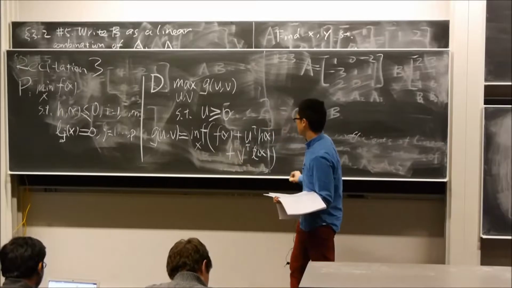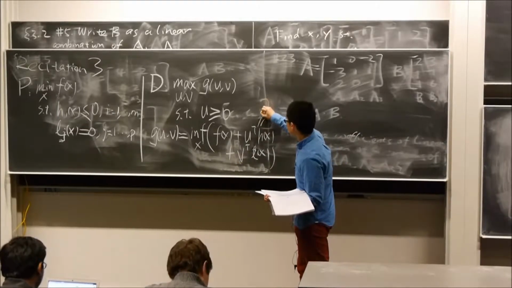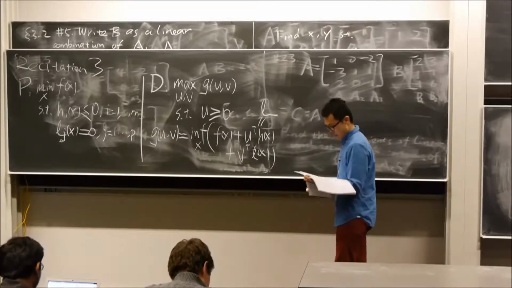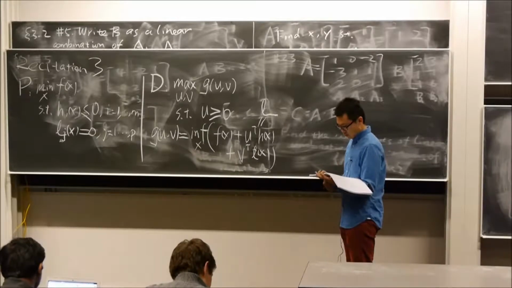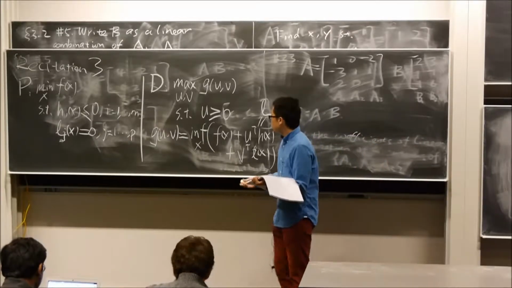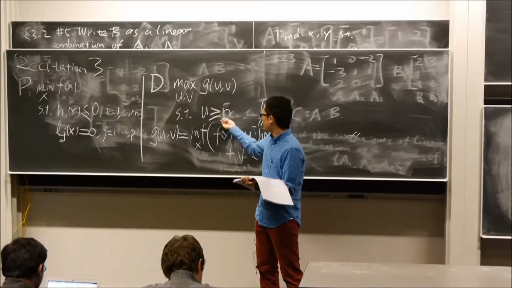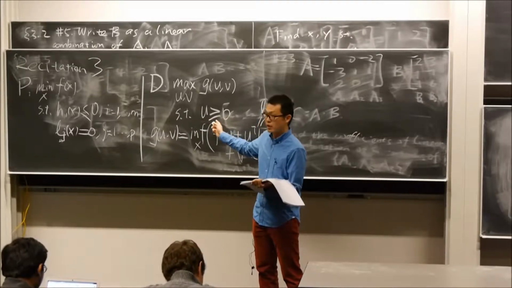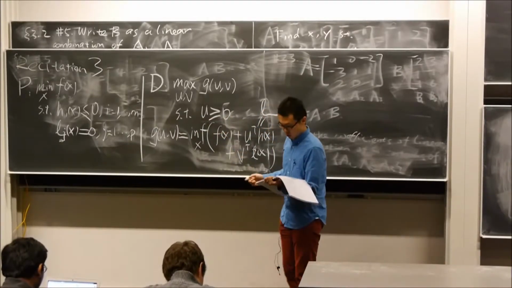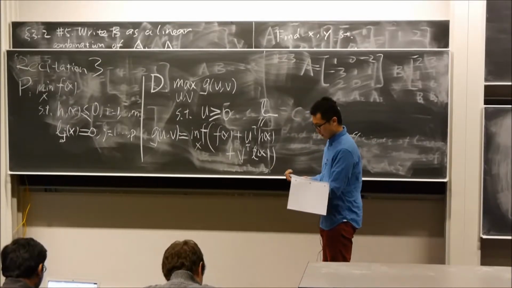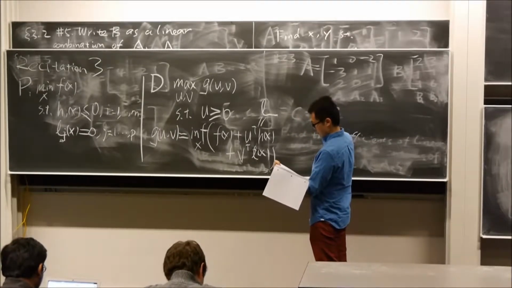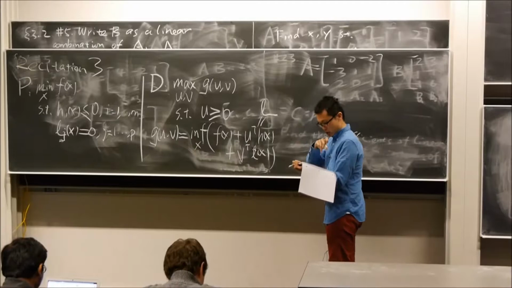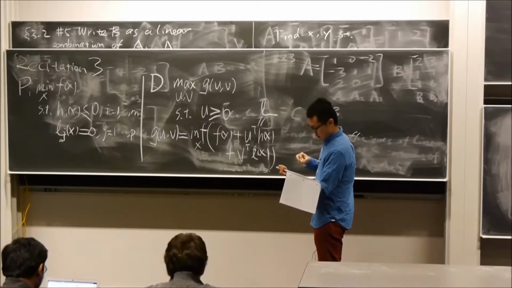This is the so-called Lagrangian. The reason why we have the constraint u ≥ 0 will become very clear when we look at the duality.